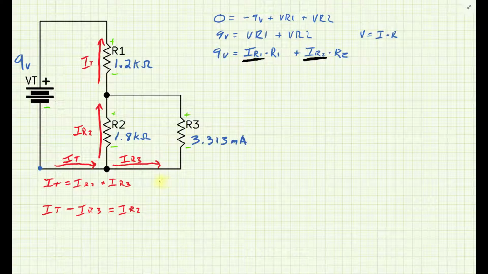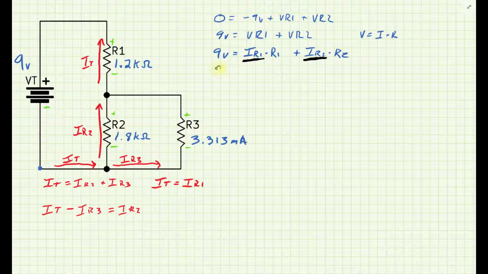I total equals IR1, so that one I can substitute in, and then I've solved for IR2, and it turns out that IR3 is already known. Out of this equation, I know IR3, I don't know I total, and I don't know IR2, but I can see the relationships.